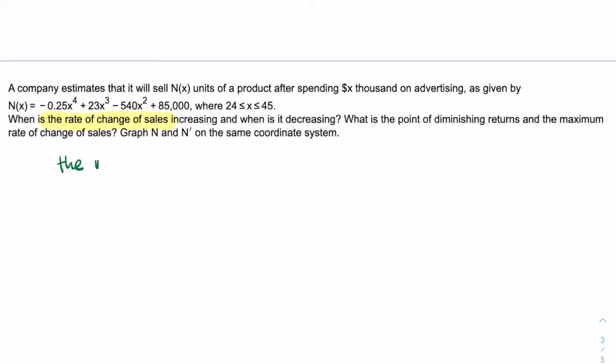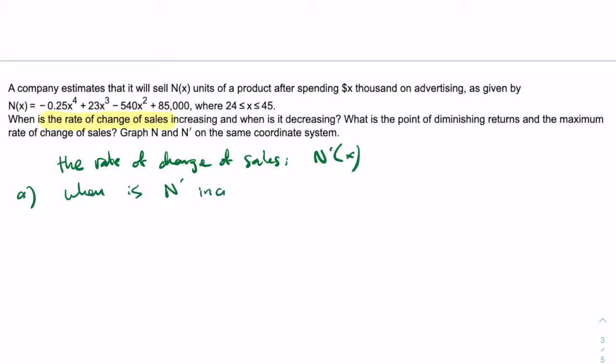The rate of change of sales refers to n prime of x. So we are asked to find when is n prime of x increasing or decreasing.